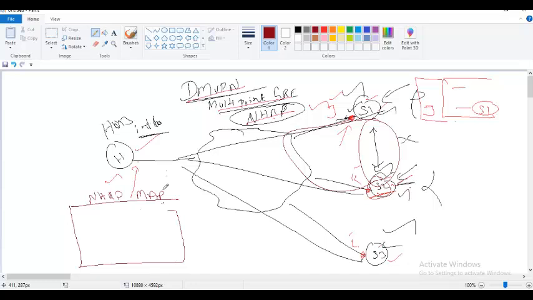Knowing the other spokes is a miraculous magic. If alpha is pinging beta, spoke 2 will automatically learn, using NHRP, the location of beta. Beta is a private network of S1.